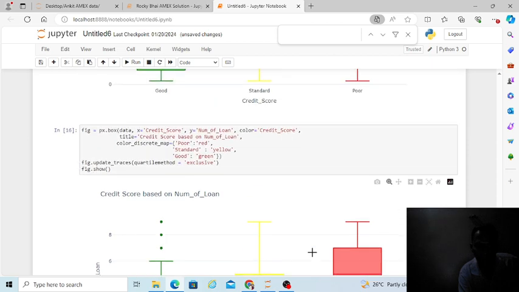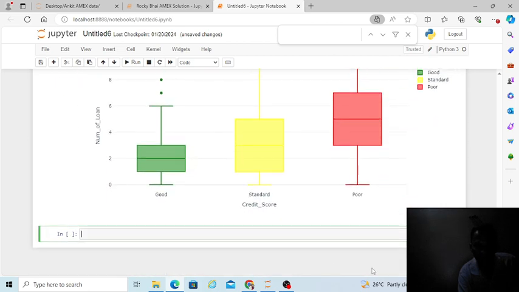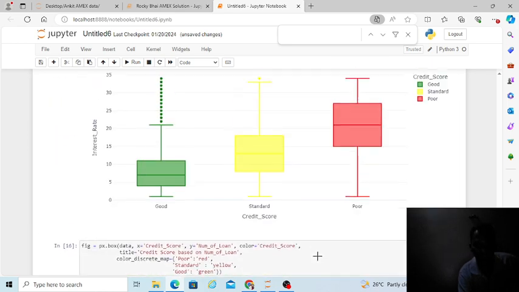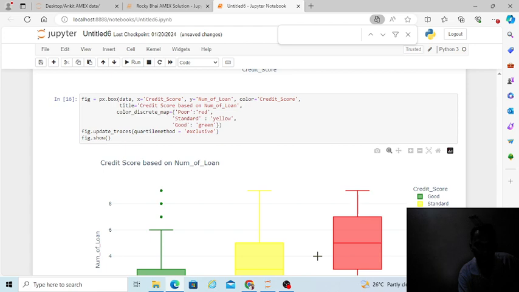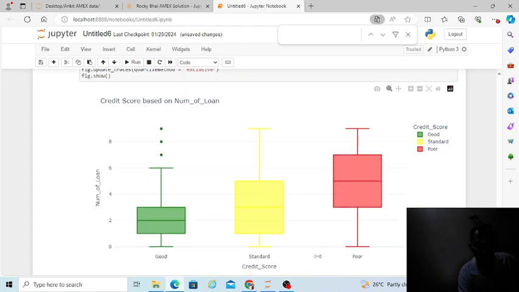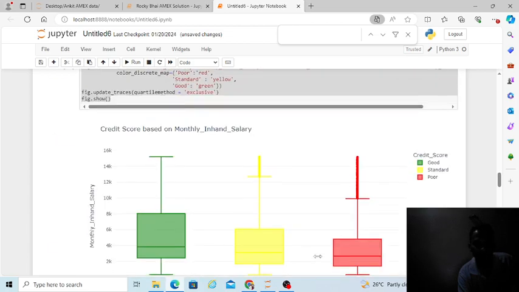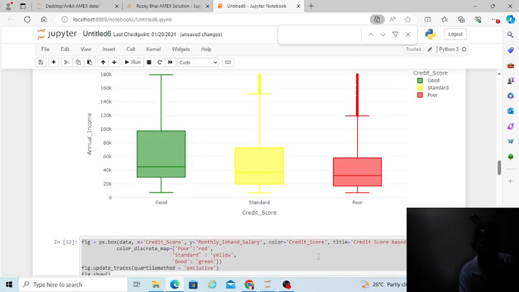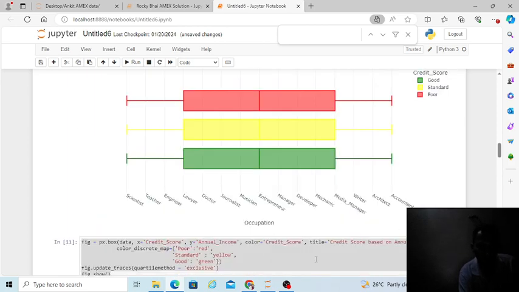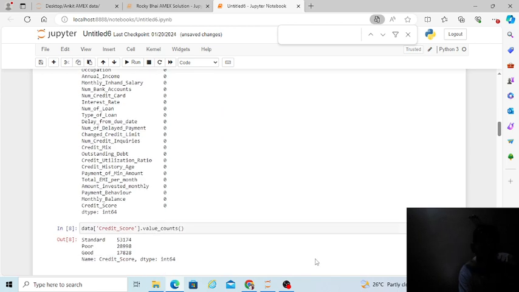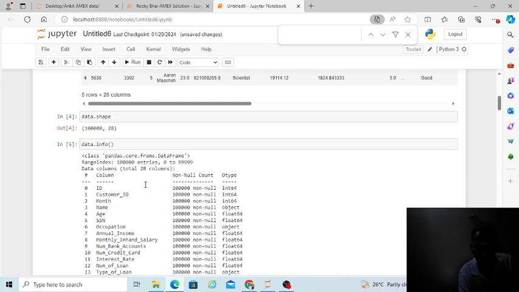Okay, so more people are there with poor credit worthiness if their number of loans increases. Okay, now we will check it for type of loan.